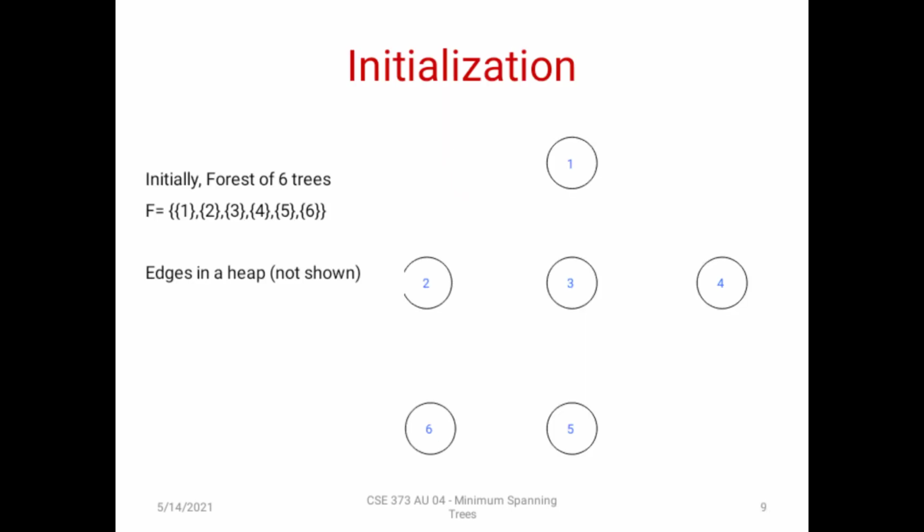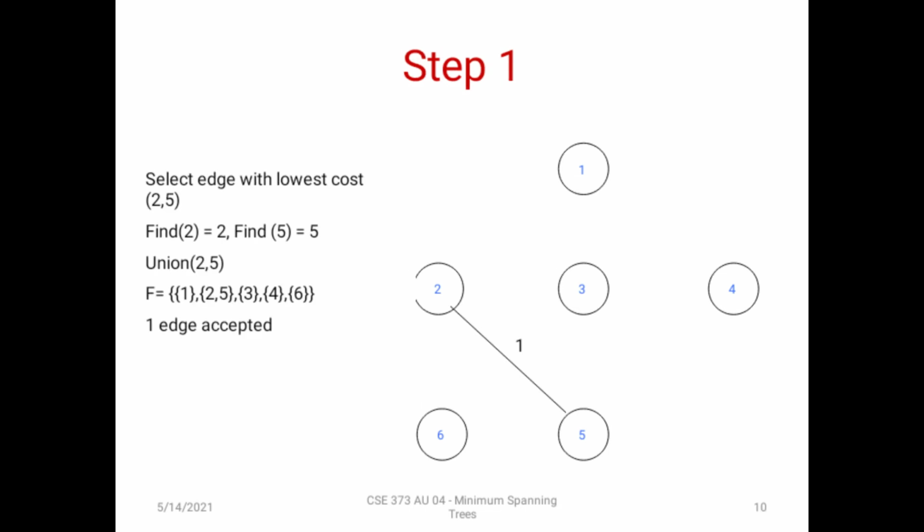As you can see here, I have initialized a forest of 6 trees: 1, 2, 3, 4, 5, 6. Edges are not shown in the heap. Then in the first step, I have selected the edge with the lowest cost, that is 2 to 5.